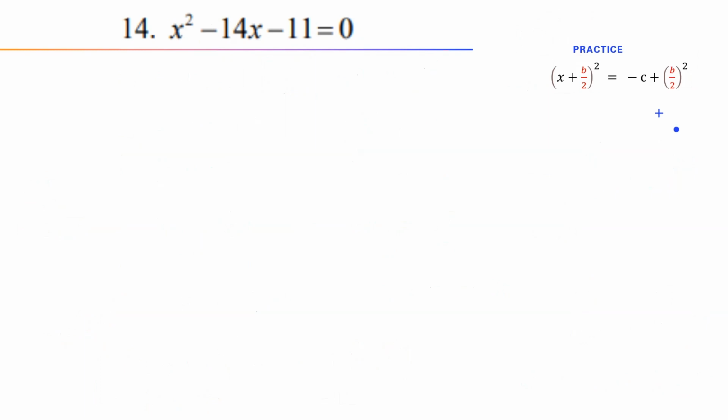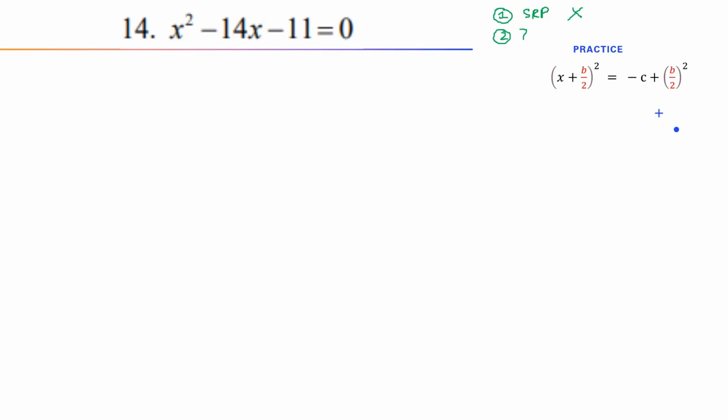Okay, number 14. We're checking for number 1, the square root property. No, right? Because the square root property only works when you have only 2 terms after simplifying the equation.